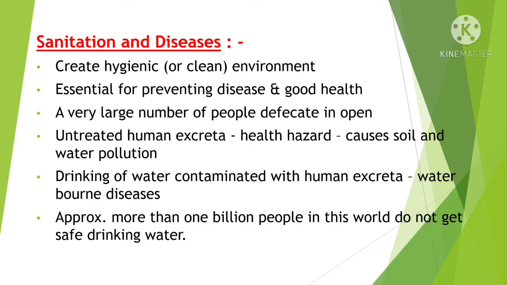Now, to prevent waterborne diseases, people should not excrete or defecate in the open spaces or open areas near the water bodies. People should also realize their responsibility in maintaining the water sources in a healthy state by preventing them from getting contaminated.